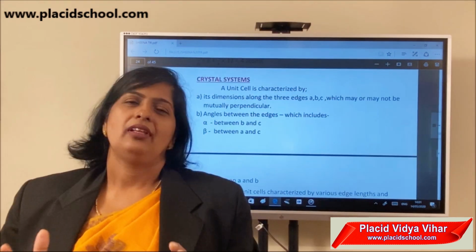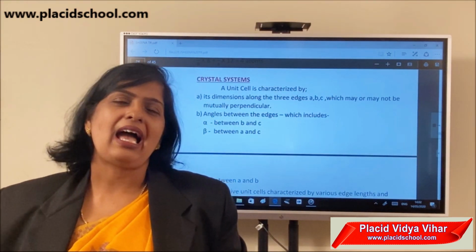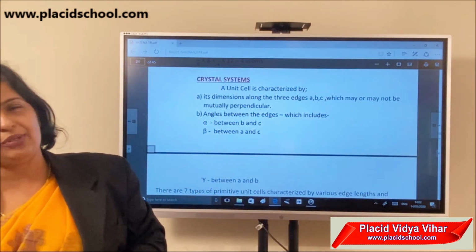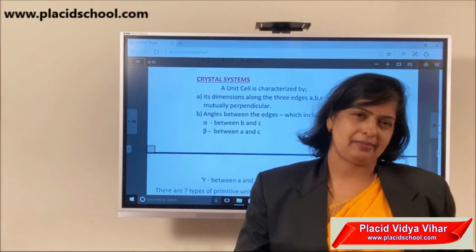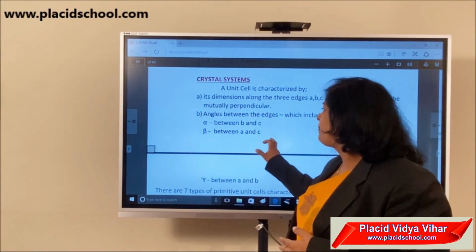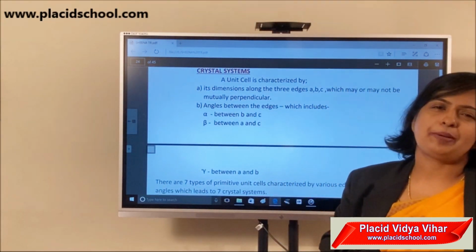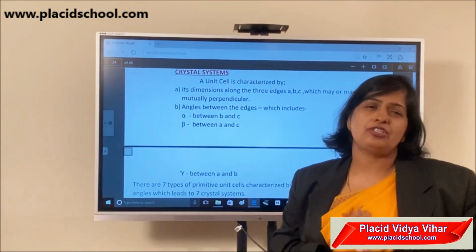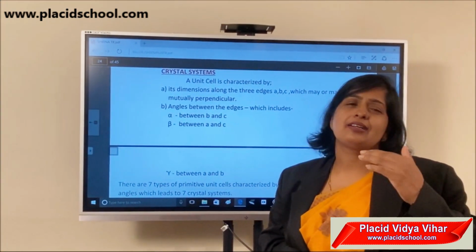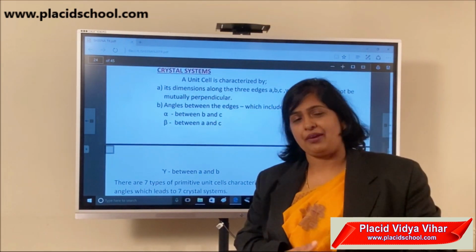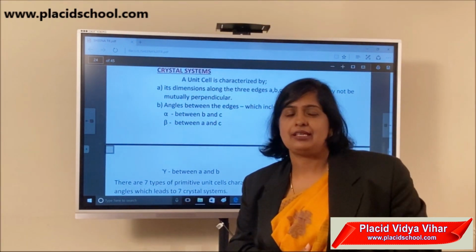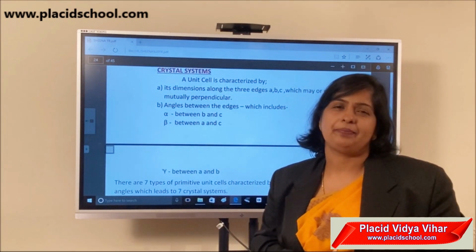Now we know a crystal consists of unit cells, and we have seen several types of unit cells. In order to represent a crystal in a 3-dimensional way, we need 6 parameters.